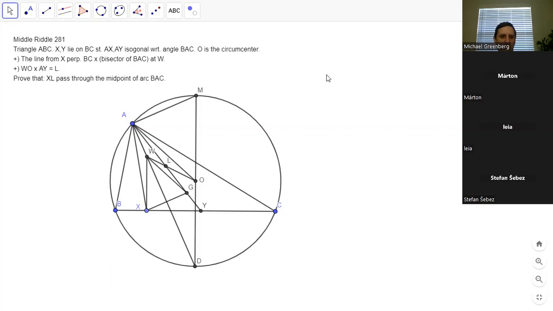And yeah, where do we go from there? How do we know W? Okay. So I understand that XWG equals AOM. How do you prove any of the other angles?